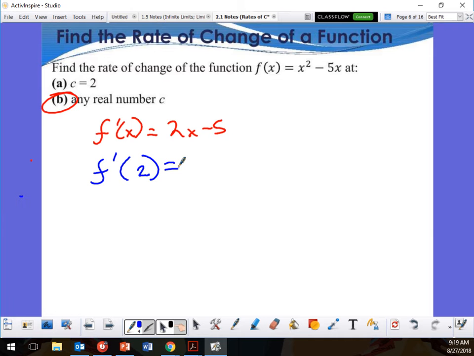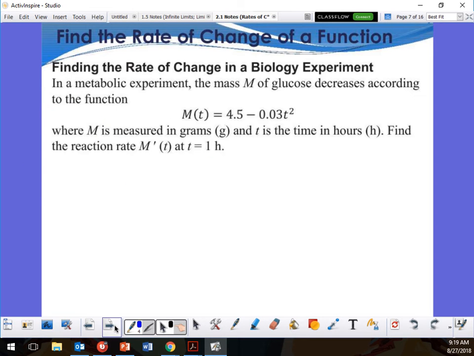Now, we plug that into the derivative, so we're going to get 4 minus 5 is -1. There he is right there. Is it very easy? Yes. All right.